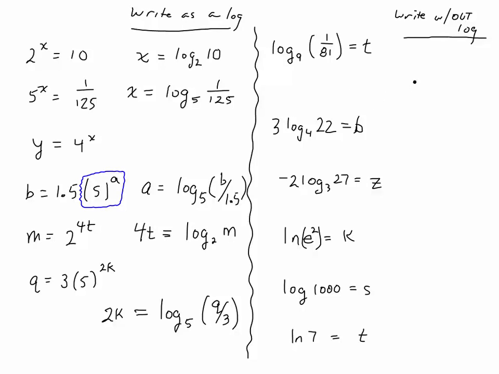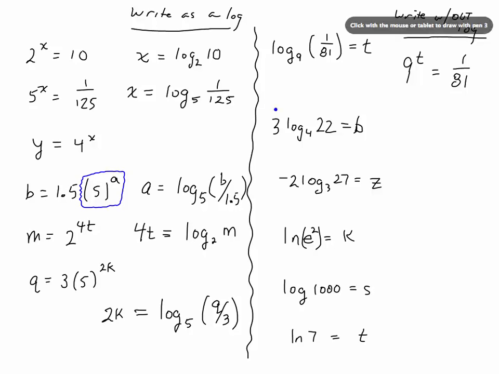So then you could rewrite that as? 9 to the t equals 1 over 81. Right. So t is the exponent of 9 that would give 1 over 81. What is the value of t? Can you see it? Negative 2, right? Negative 2.